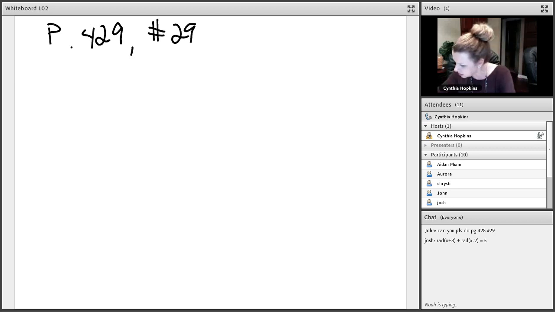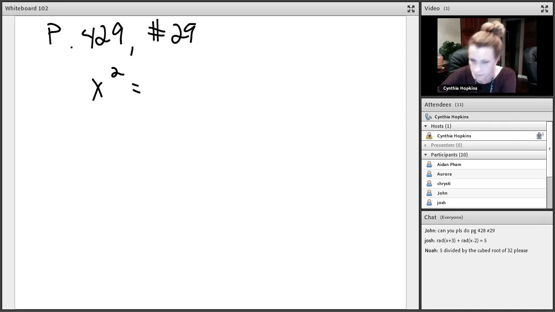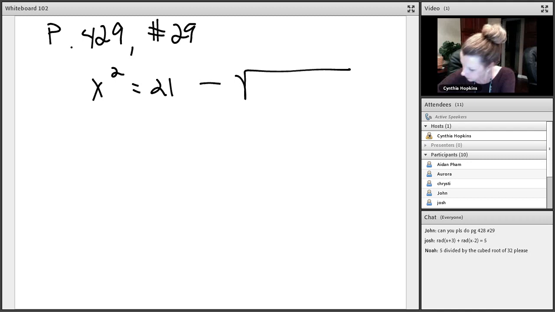This is section 8-4 on radical equations. Here is the equation they gave us: x squared equals 21 minus the square root of x squared minus 9.